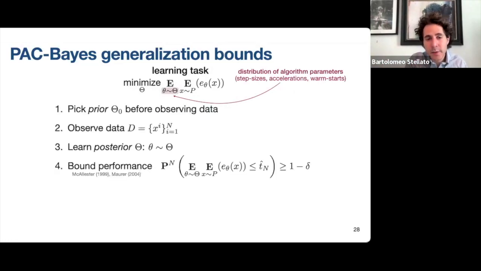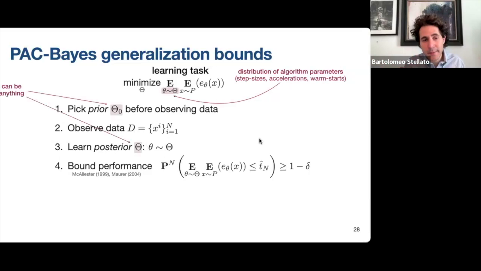To do that, we follow four steps in PAC-Bayes learning. The first one is to pick a prior before observing data of the distribution of your algorithm parameters. It could be the theoretically optimal one that we know from analyzing these methods a priori. Then we observe the data, which means you observe many of these instances. And we then learn a posterior, which is the actual distribution of hyperparameters that we would like to use here.